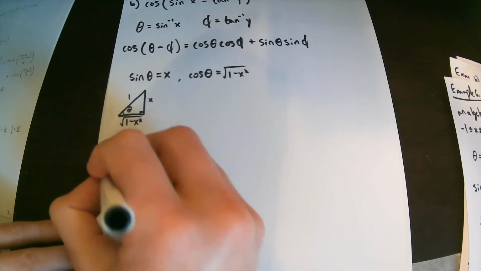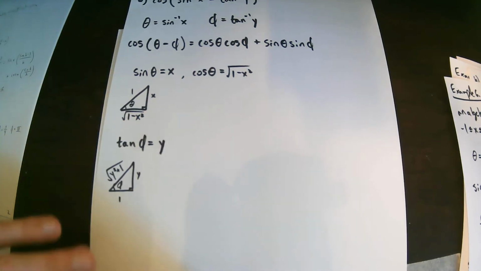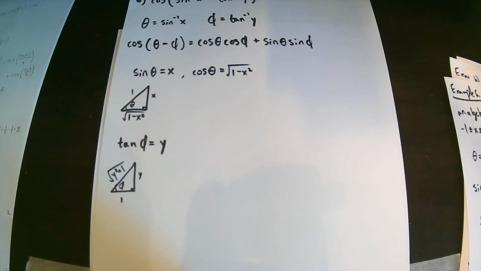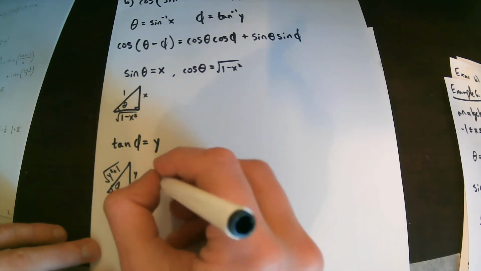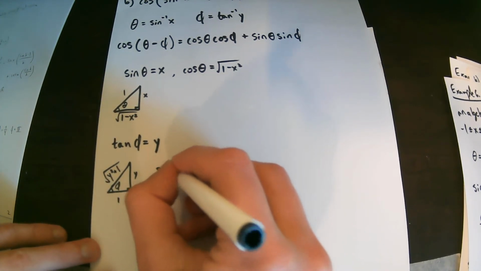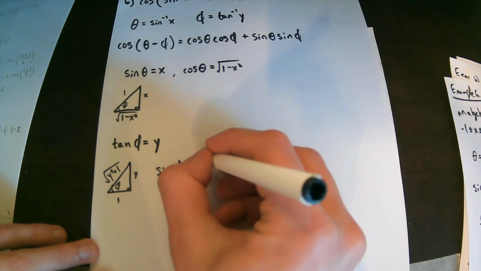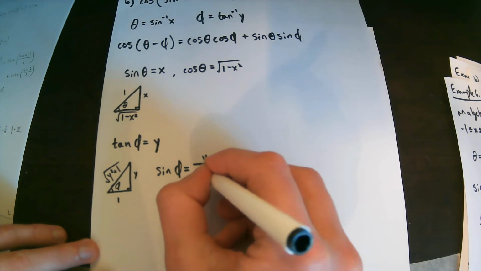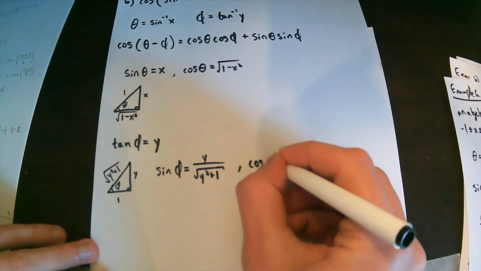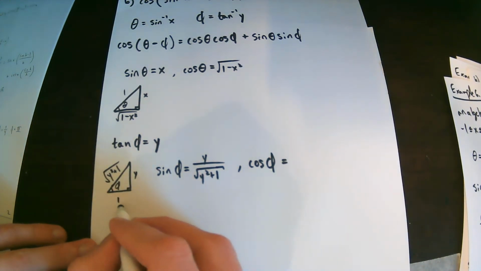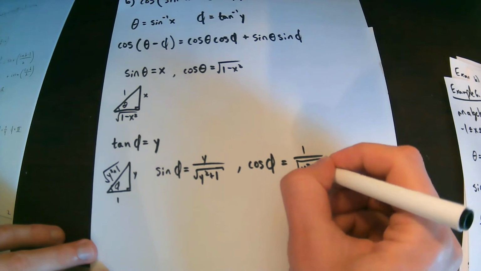And then our hypotenuse will be the square root of y squared plus 1 by the Pythagorean theorem. And then that's going to give us that sine of phi is opposite over hypotenuse, so y over the square root of y squared plus 1. And cosine of phi is adjacent over hypotenuse. So this one's looking very similar to the last one.